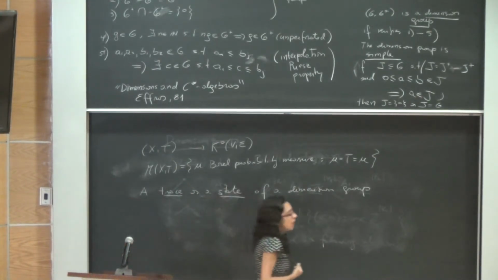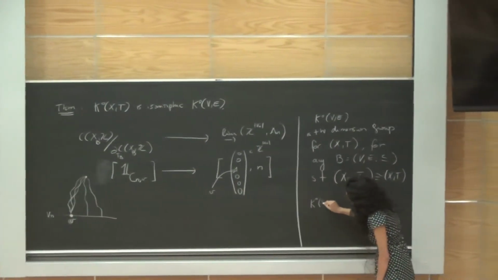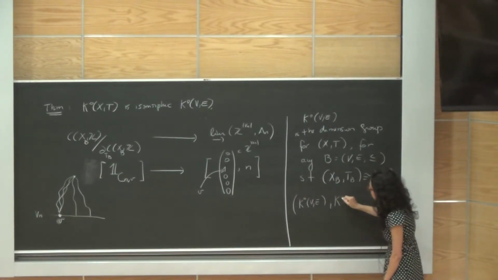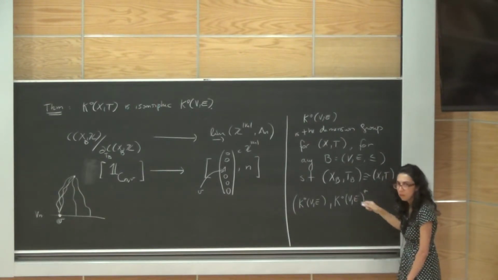And what is the element that we fix? I'm going to write this here. We take the dimension group. We take the positive cone. These are just the classes of the non-negative elements.